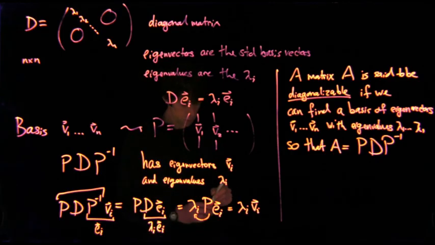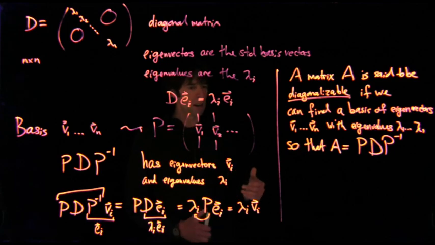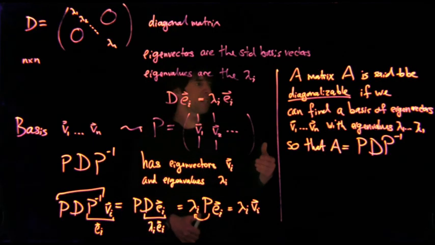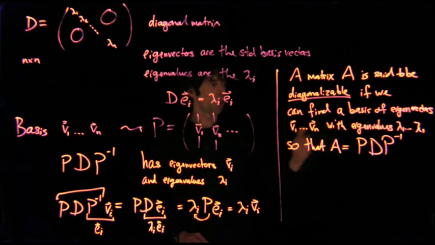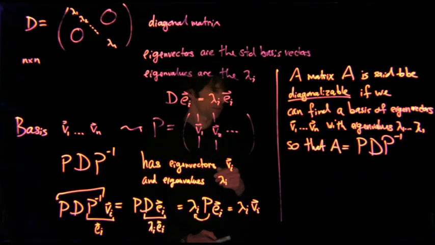So we've seen some examples already of matrices that can be diagonalized, and we've seen some examples where they can't. So whenever you can find enough eigenvectors, whenever you can find a number of eigenvectors equal to the dimension that you're working in, n in this case, then your matrix is diagonalizable.